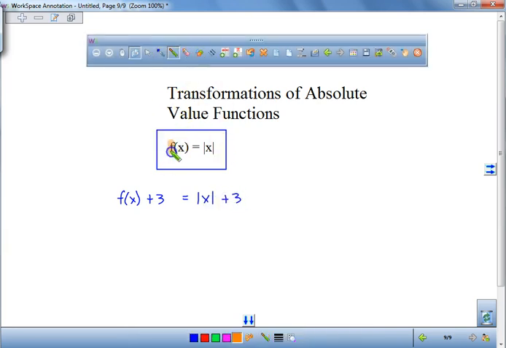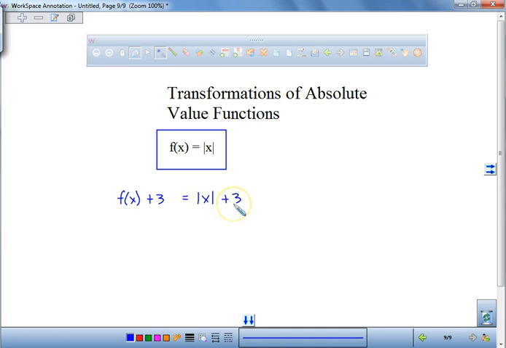So whenever I say f of x, I want you to think of it as being the absolute value of x. All right? So if I say, what would happen to the graph if I just add 3 units to it? It either shifts, you could say the word shifts, or you could say translates this graph up 3 units.